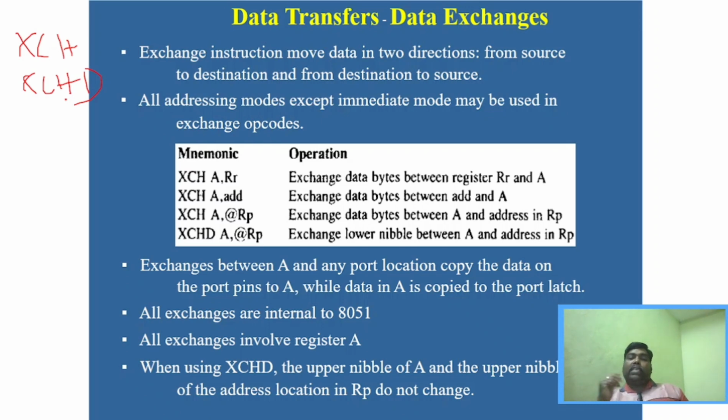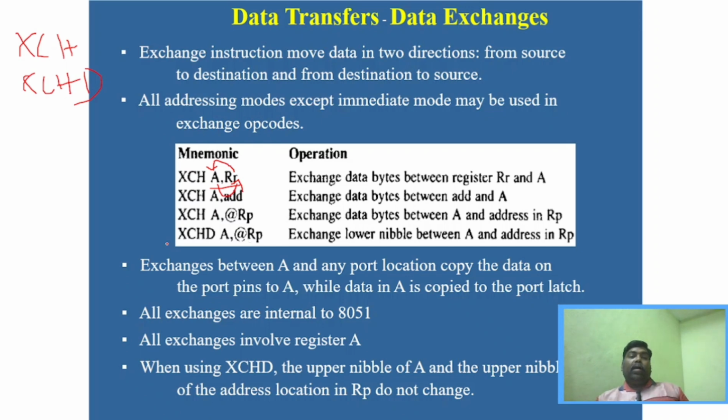If it is A comma Rn, the information in Rn will be moved to the accumulator, and the information in the accumulator will be moved to Rn. Similarly, the information at a direct address will be exchanged with the accumulator value. Similarly, here the content at the address held in Rp will be exchanged with the accumulator.